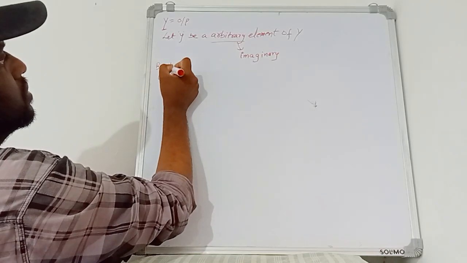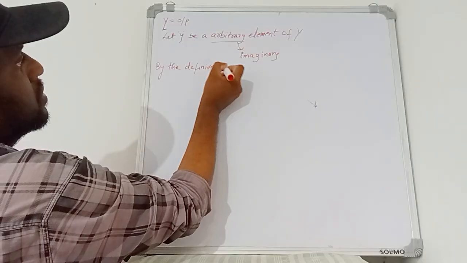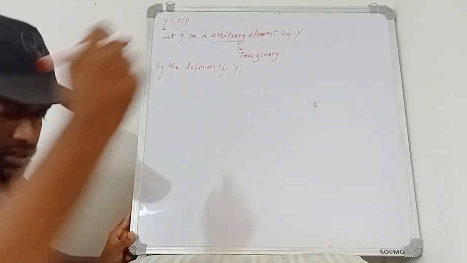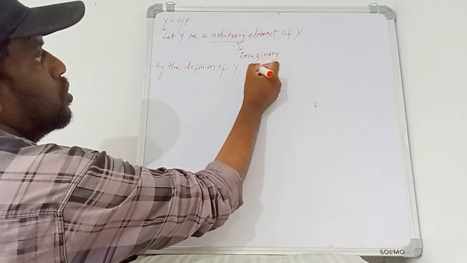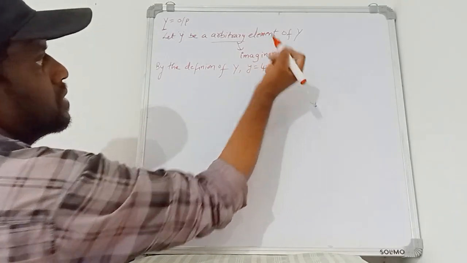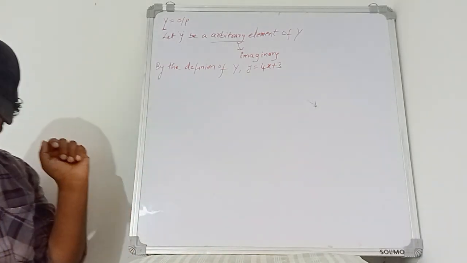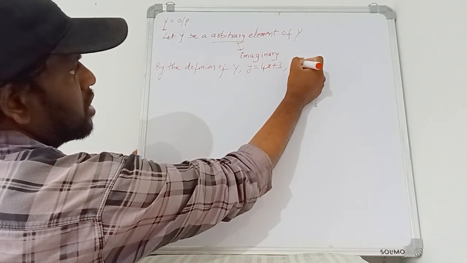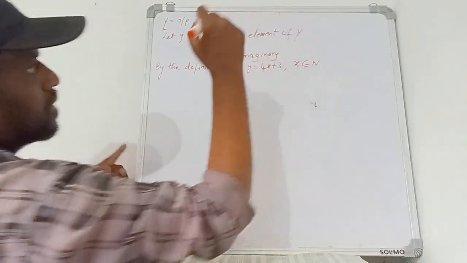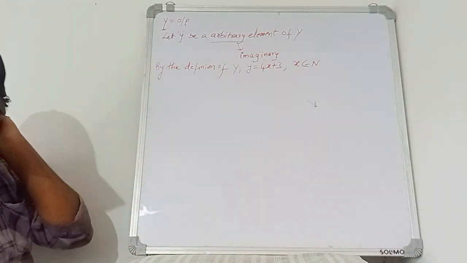So by the definition of y, y is equal to 4x plus 3, because it is given, and it is also given that x belongs to N. We have seen this on the previous board.